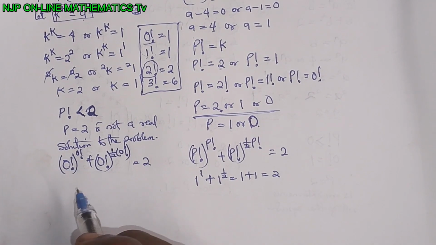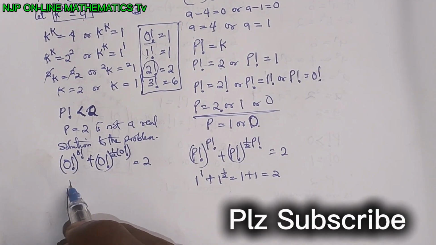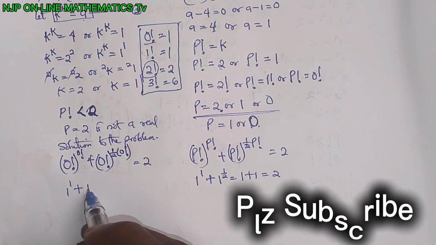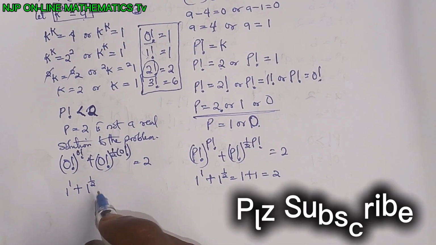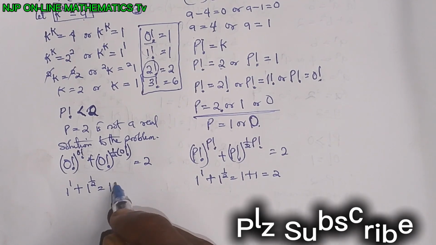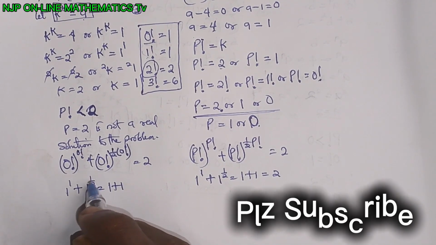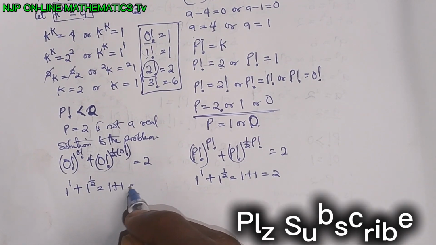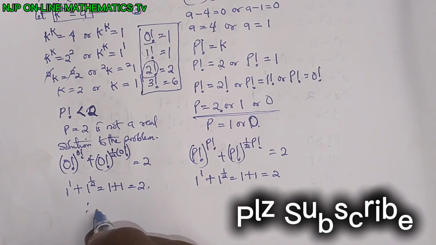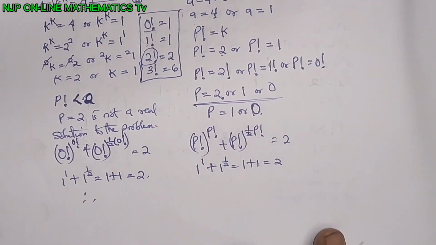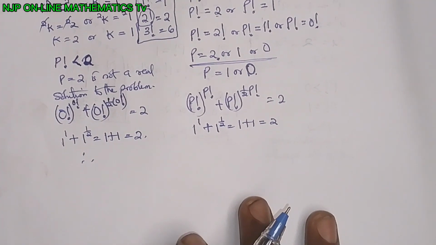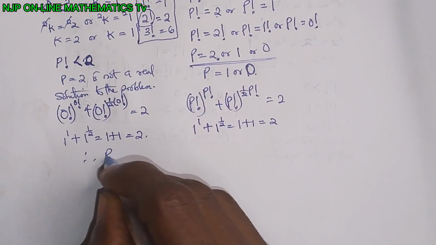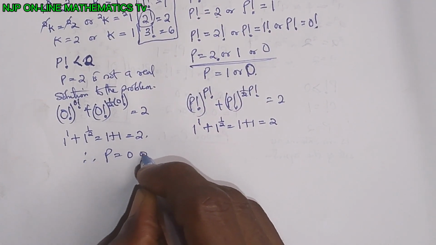So 0 factorial is 1, so we are having 1 to power 1 plus 1 to power half of 1, which is 0 factorial, and this is definitely 1 plus 1, since 1 to anything is 1, and this equals 2. Therefore the values of p to satisfy this equation become 0 or 1.